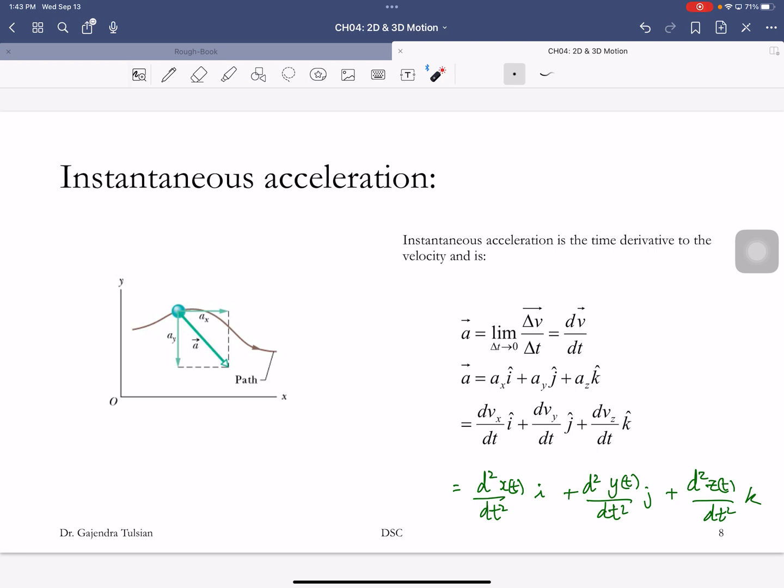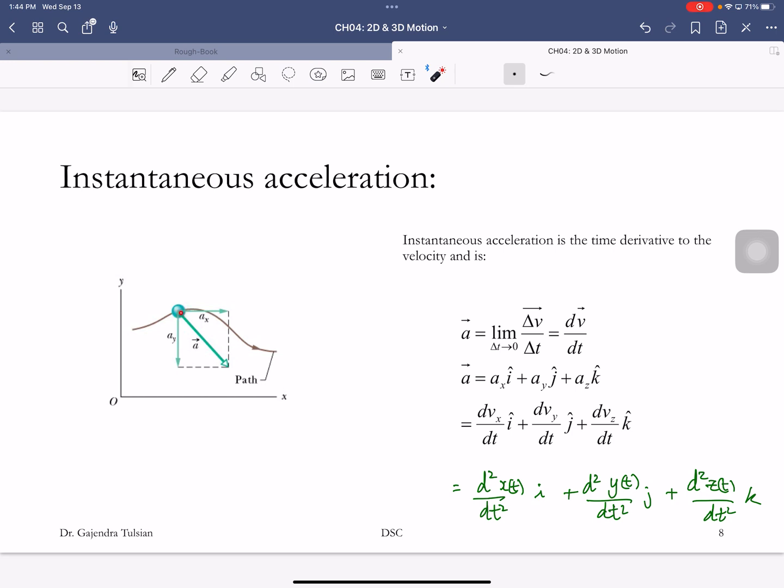All right, so let's notice something about this. So here's your trajectory. Okay? And the first thing you notice is the acceleration is not tangent to the path. Okay. So let me point out a couple of things. There'll be a component that is tangent to the path, and that is the acceleration that arises from this change in speed.